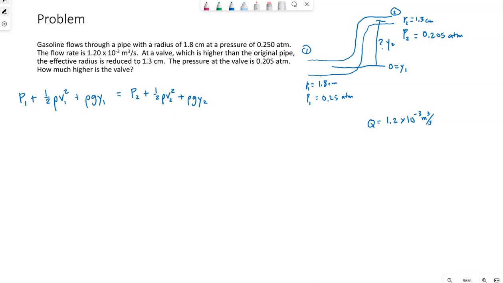All right. So we're calling Y1 0. We're essentially looking for Y2. We have pressure 1. We have pressure 2. We know the density, or at least we can look up the density. When we look on the test notes, gasoline is listed on there, and it has a density of 680 kilograms per cubic meter.